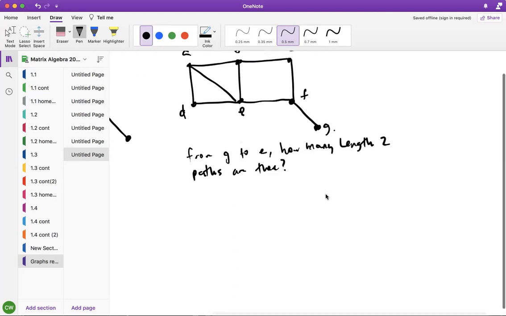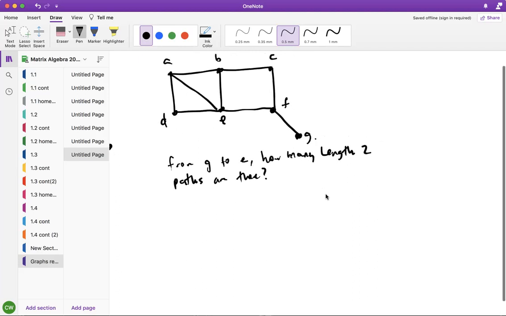So one thing to think about: what must be true about a length two path?